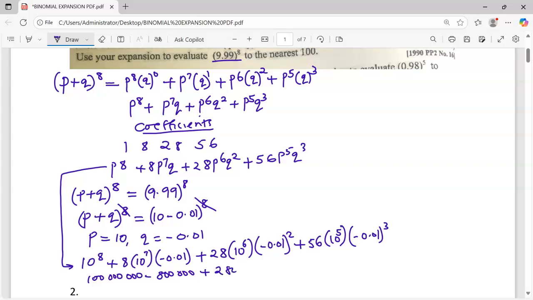And lastly minus 56 times 10^5 times minus 0.01 cubed. This one will give us 5.6.